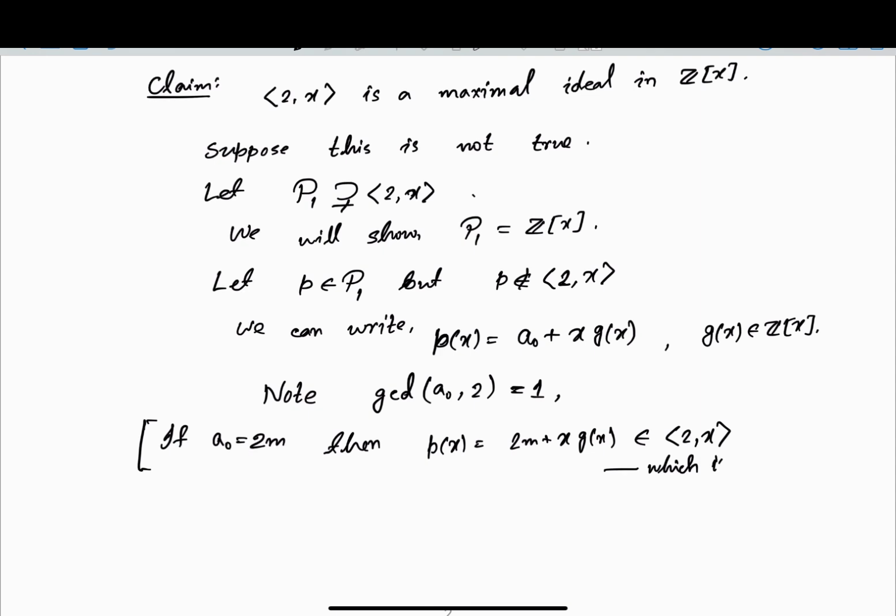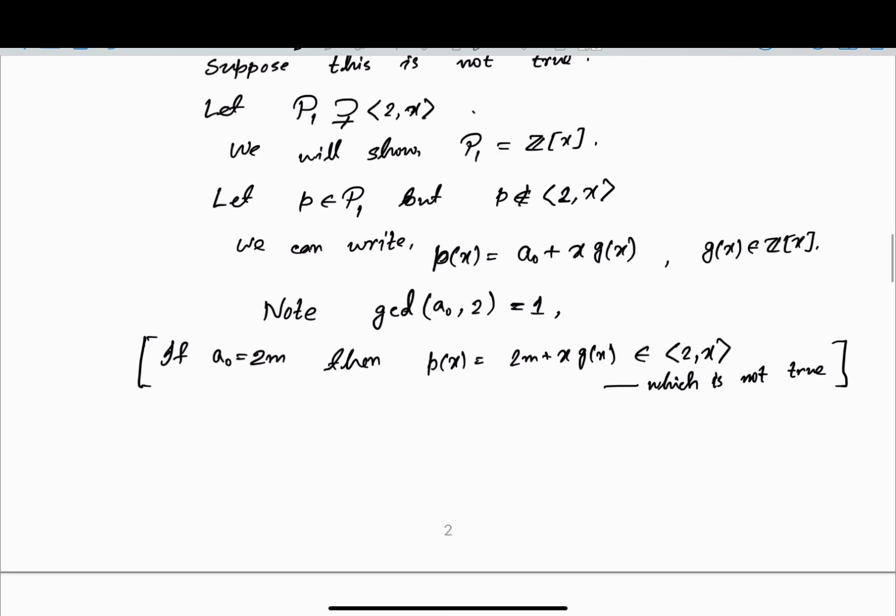Which is not true. So therefore GCD of a naught and 2 is 1.